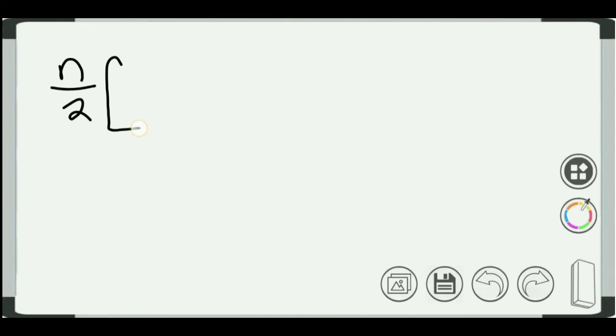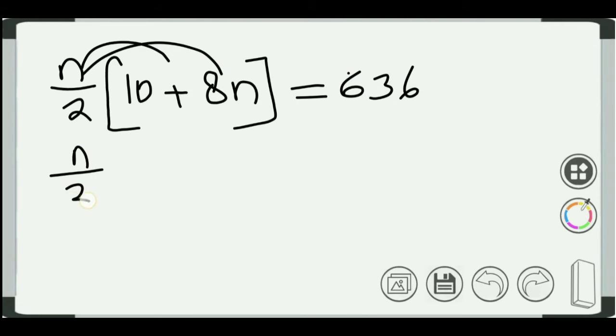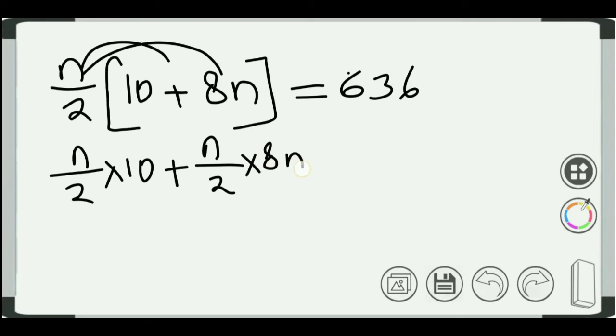What we got: n by 2 into (10 plus 8n) is equal to 636. So n by 2 I am giving to both. So n by 2 into 10 plus n by 2 into 8n equal to 636. Now I can cut this one: 2 and 10, 5 twos are 10. Now what is remaining? 5 and n.